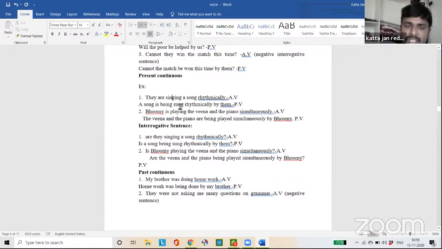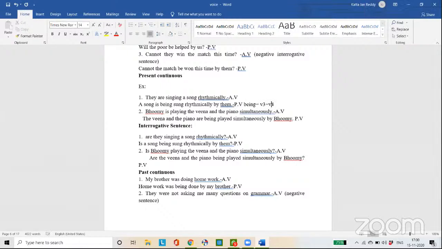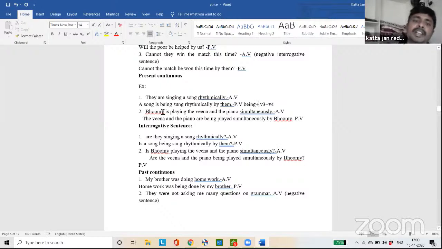So as per the rule, we should change it, but we should also keep the sentence progressive. So when we want to make the sentence a progressive action, we should use being. So being plus V3 equals V4. That is why we use being. Good.